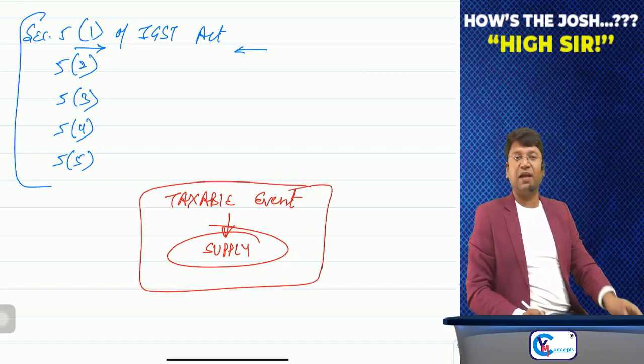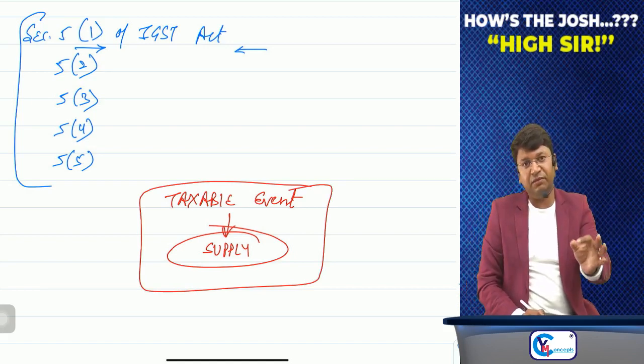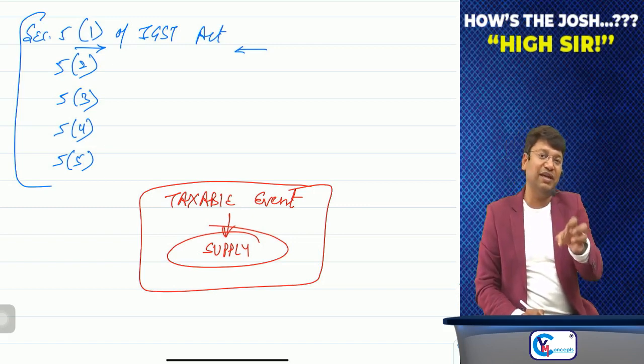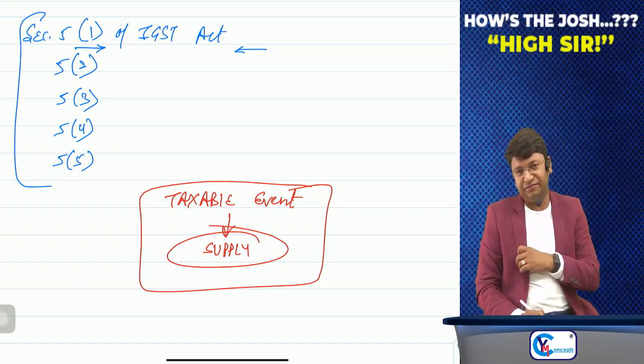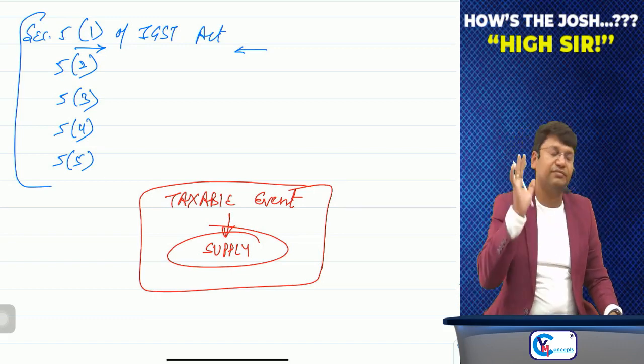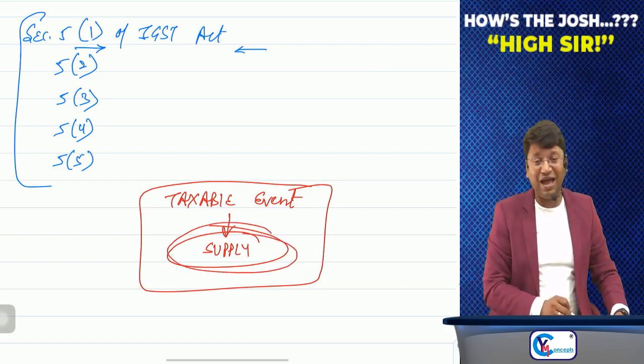Clear? If it is interstate supply, then IGST will be levied. If it is intrastate, then CGST and SGST will be levied. If it is within a union territory, then CGST and UTGST will be levied on the intrastate transaction. And in case of interstate, always IGST will be levied. Clear? Done. So ultimately, the taxable event is supply.